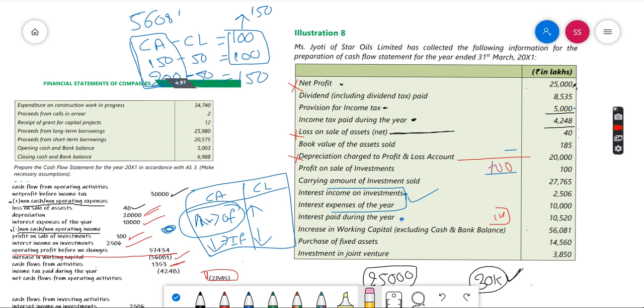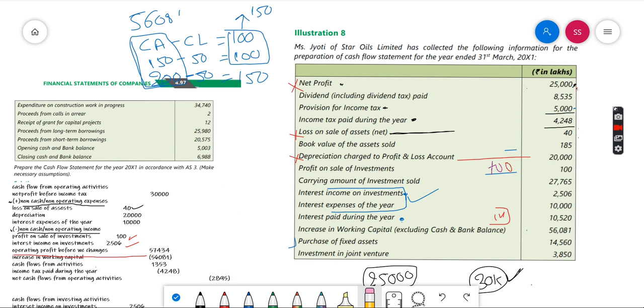Okay. Now cash flows from financing activities. So let's come from the beginning of the question. This will come in the investing activities, book value of the asset sold, which is 185.